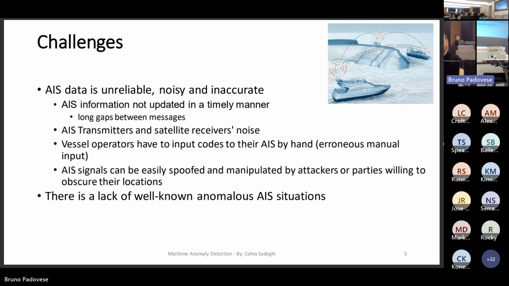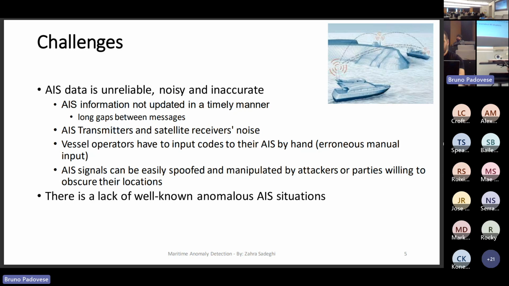One reason for that is AIS messages are entered by operators, and so they have to be put in by hand. This is a manual process, so it's error prone and can be very noisy. Also, sometimes we can see that there are large time gaps between different messages.